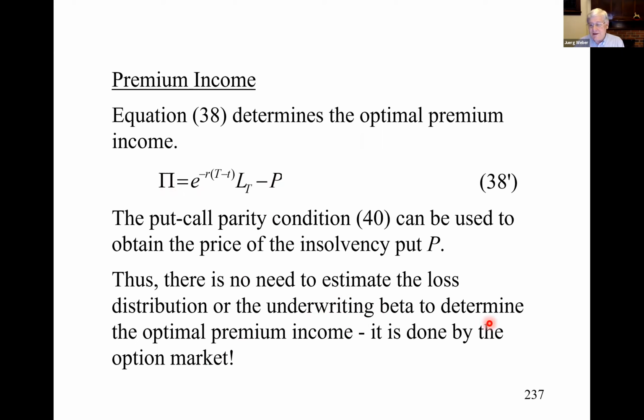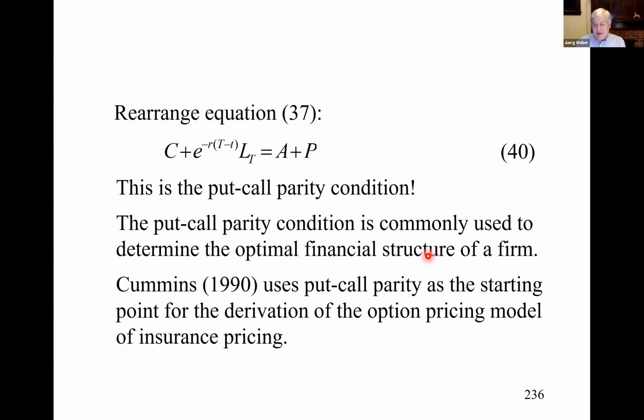So there's no need to estimate loss distributions, and no need to estimate underwriting betas as we did in the capital asset pricing model. The only thing you need are those option prices. And these put option prices, you can even derive from the put-call parity condition from the call option price.